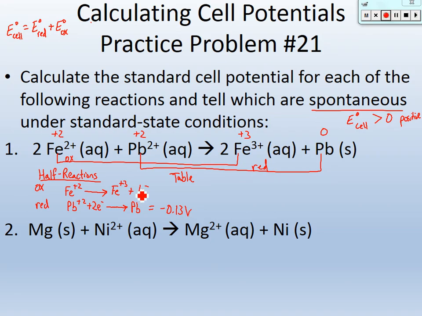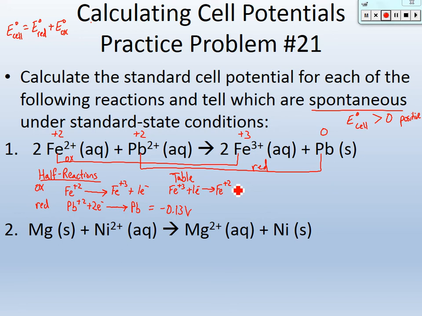Now, the oxidation half's a little tricky, again, because your table is written as reduction. So what you're going to see on the table for this one is Fe plus 3 plus 1 electron goes to Fe plus 2.